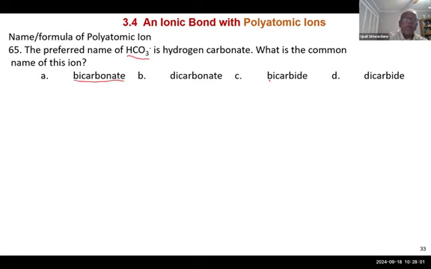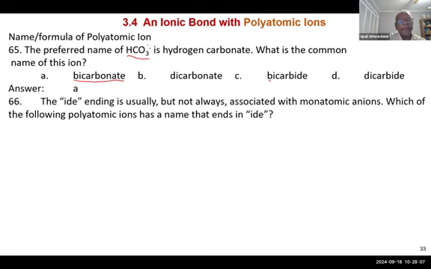This is called bicarbonate ion, the common name. The ide ending is usually associated with monoatomic anions like hydride. Hydride is 1 hydrogen. Which of the following polyatomic ions has the ide ending?